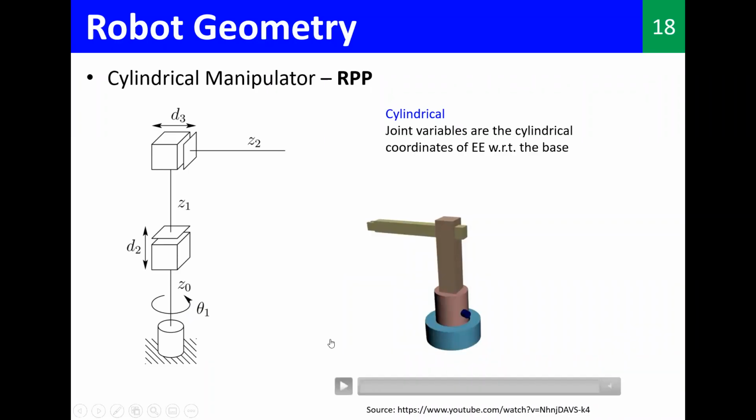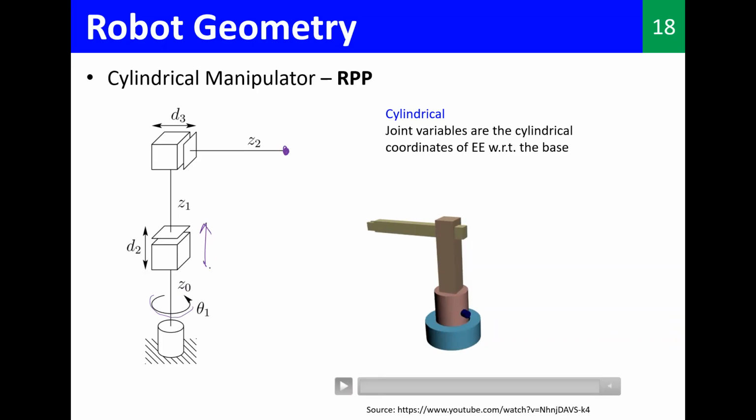So here we have a cylindrical manipulator, and I think now you can understand why it is called cylindrical, because just like the spherical manipulator, now we can actually represent or describe this location using cylindrical coordinates, right? So here we have a theta angle.